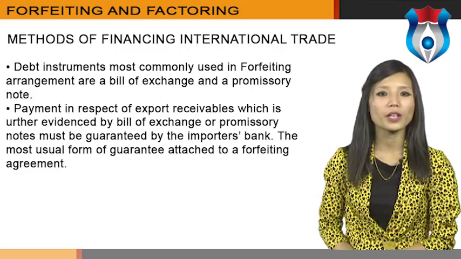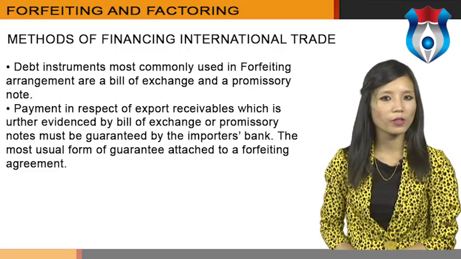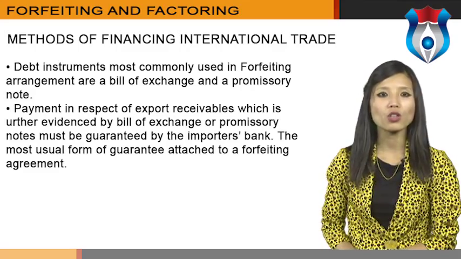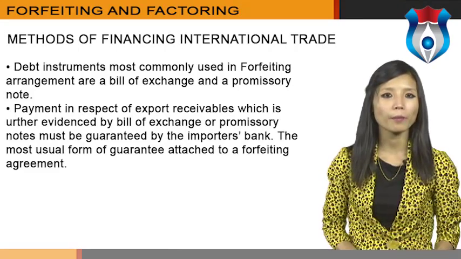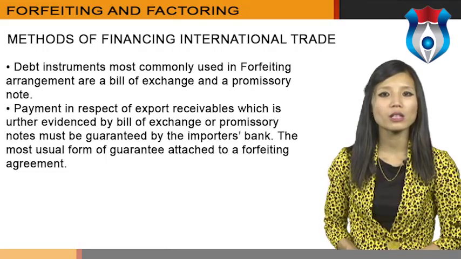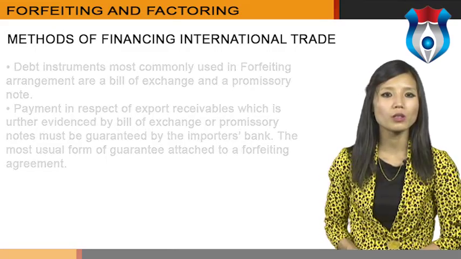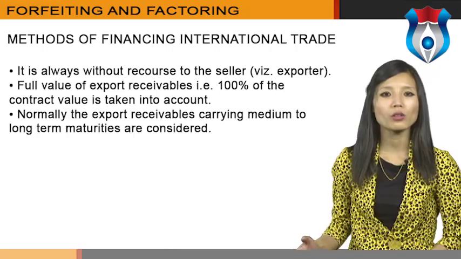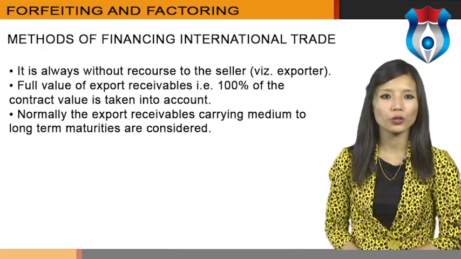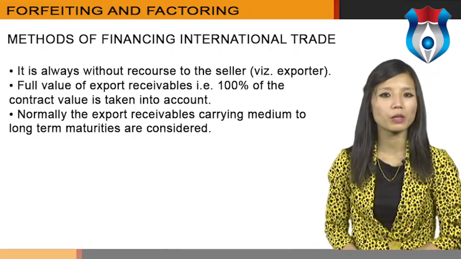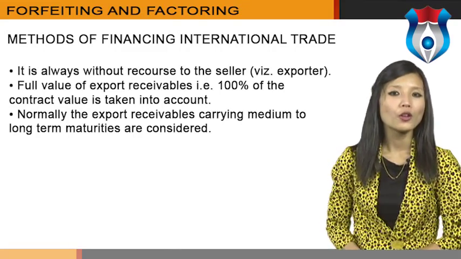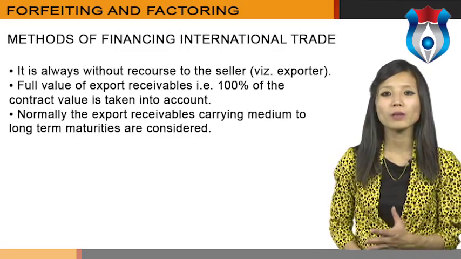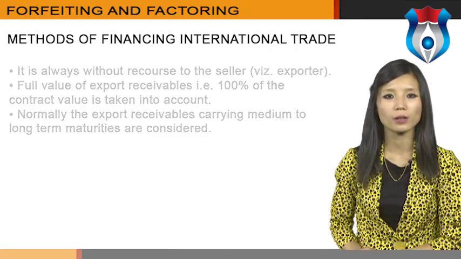Payment in respect of export receivables, which is further evidenced by bill of exchange or promissory notes, must be guaranteed by the importer's bank, the most usual form of guarantee attached to a forfeiting agreement. It is always without recourse to the seller, namely exporter. Full value of export receivable, that is 100% of the contract value, is taken into account. Normally, the export receivables carrying medium to long-term maturities are considered.